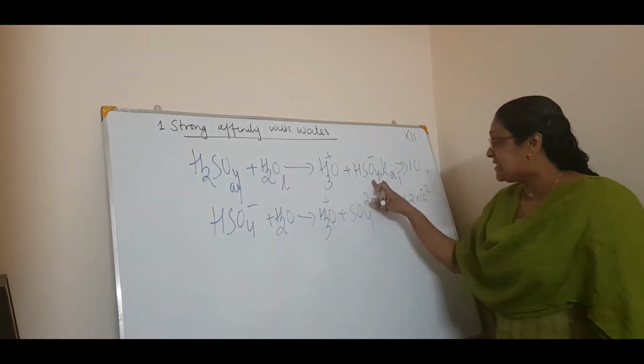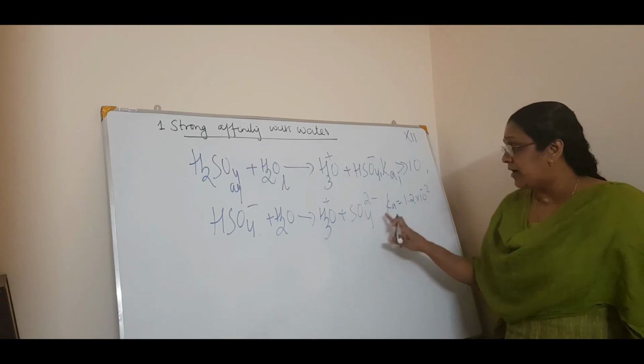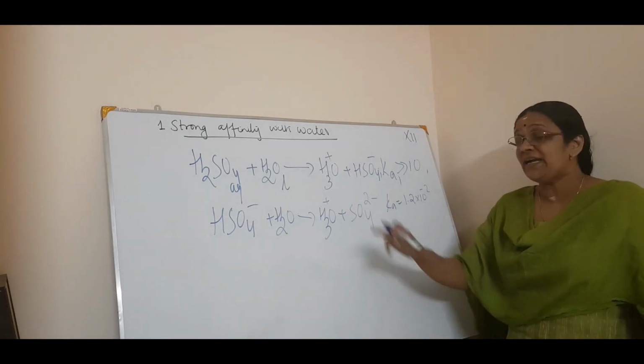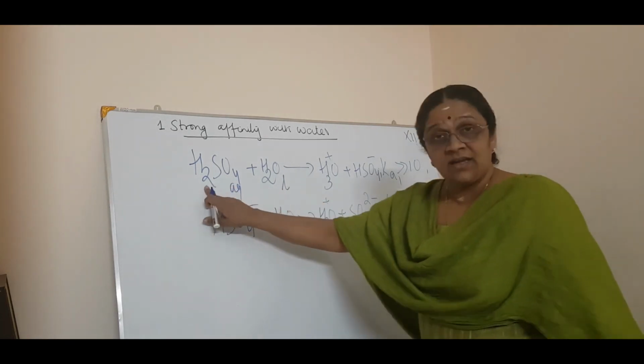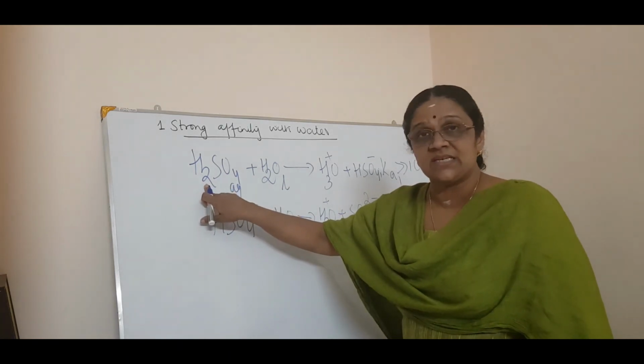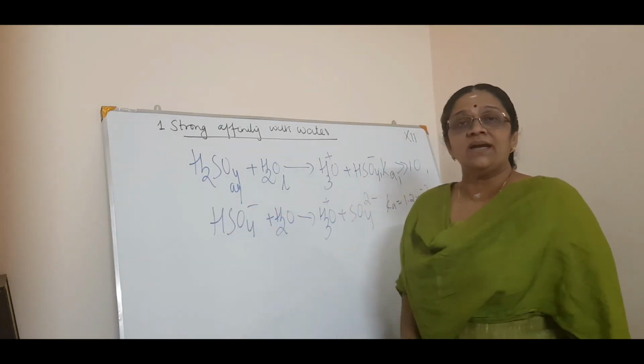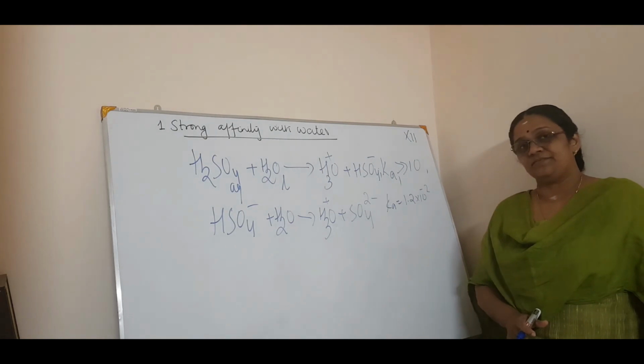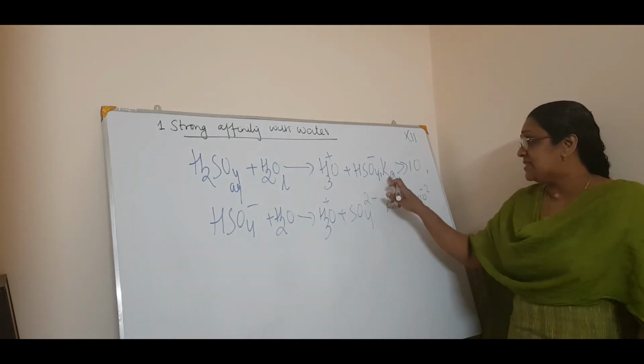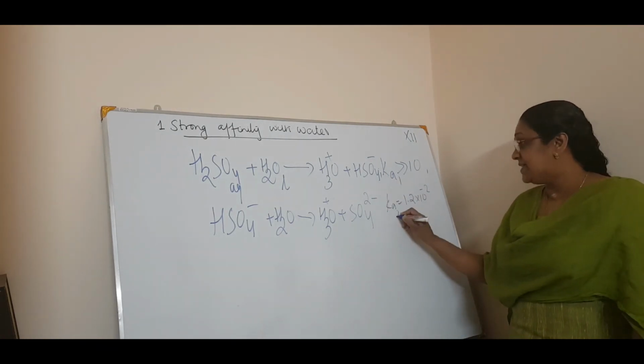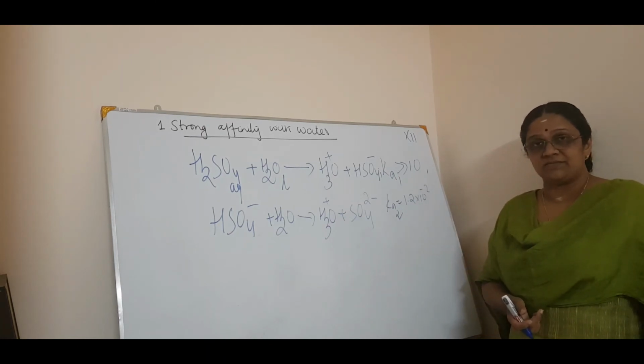Once it forms a bisulfate, then it will easily form the sulfate ion. That is why it is a dibasic acid. It can donate 2 hydrogens from sulfuric acid. Clear? Okay. This is the first dissociation constant, and this is Ka2, the second dissociation constant.